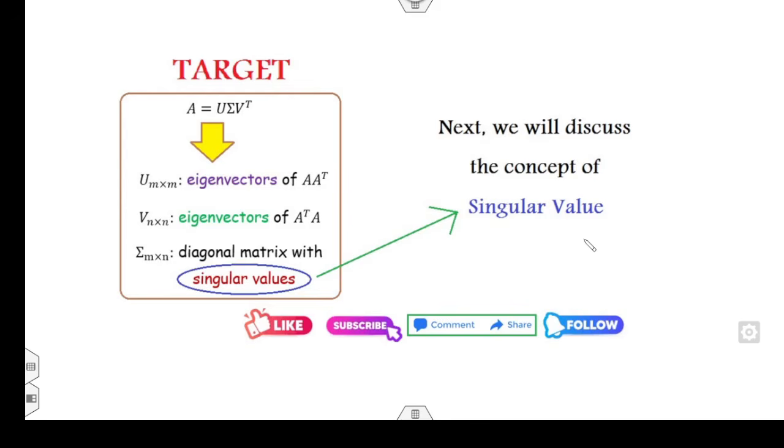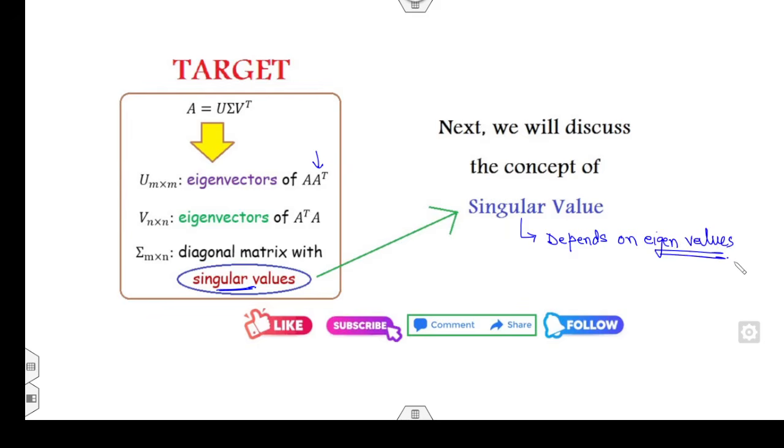Now, this is about A into A transpose and A transpose A. Now let's discuss the concept of the singular value. The singular value totally depends upon the eigenvalues. That means whatever matrix A is given to you, our target is to find the eigenvalues.